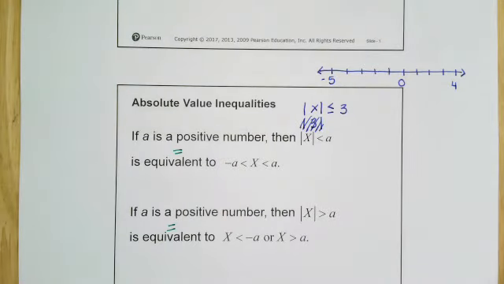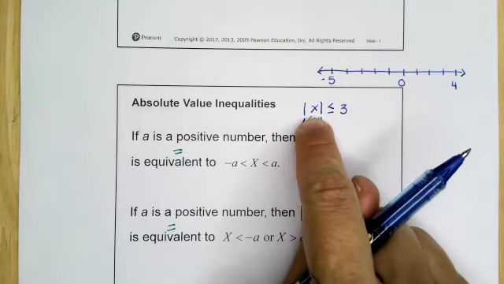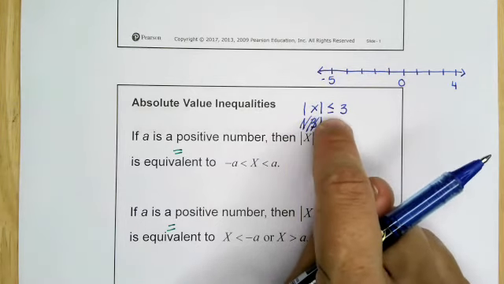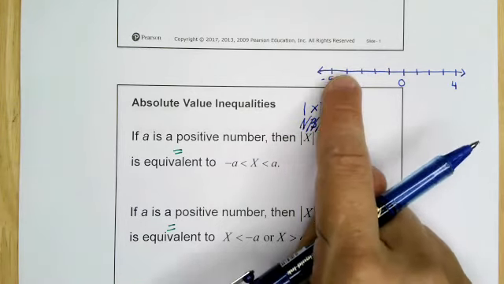What numbers on this line could go here? The absolute value is smaller than or equal to 3.